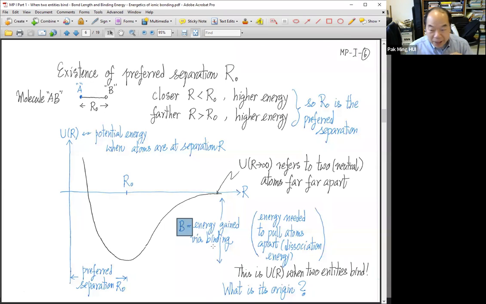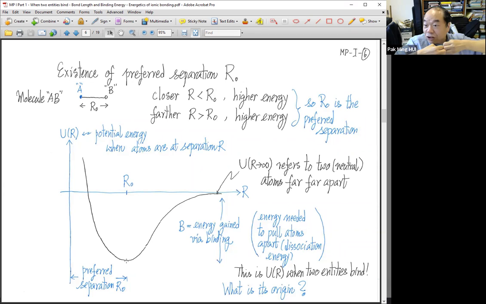Then dissociate means I give this energy into the molecule, I try to break it, okay? So you can look up tables, again, Google, carbon monoxide, binding energy, you will get a number, okay? Again, a few eV.